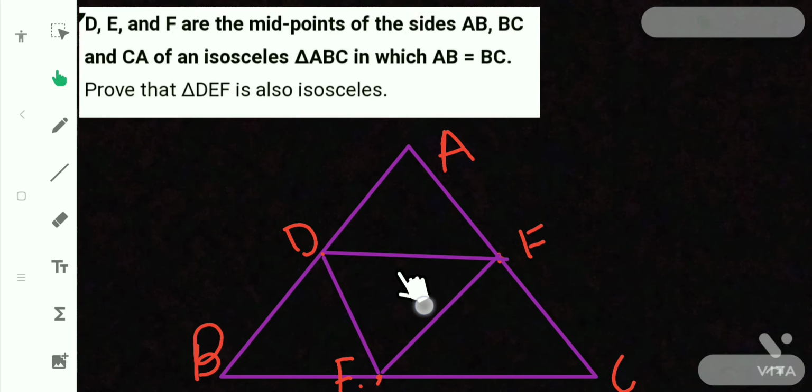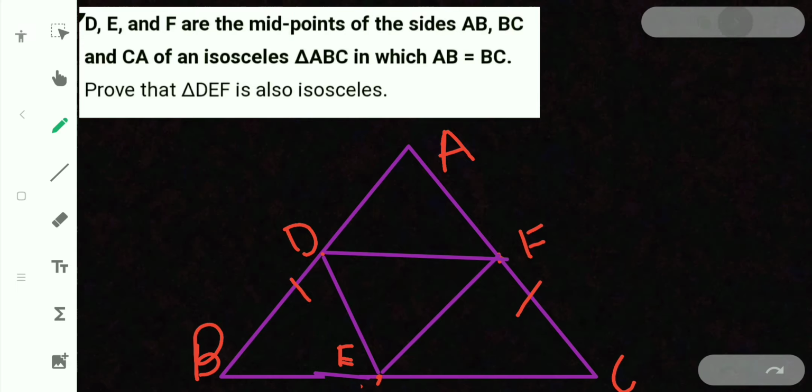So this triangle which you can see in between, that is also an isosceles triangle they are asking to prove. So before that they said AB is equal to BC, right? So AB is equal to BC.